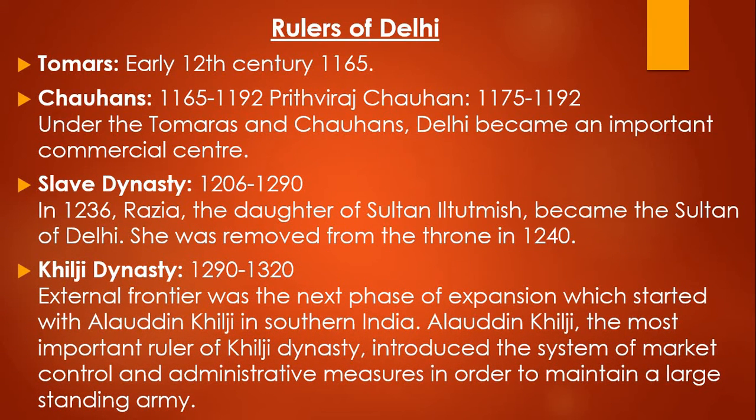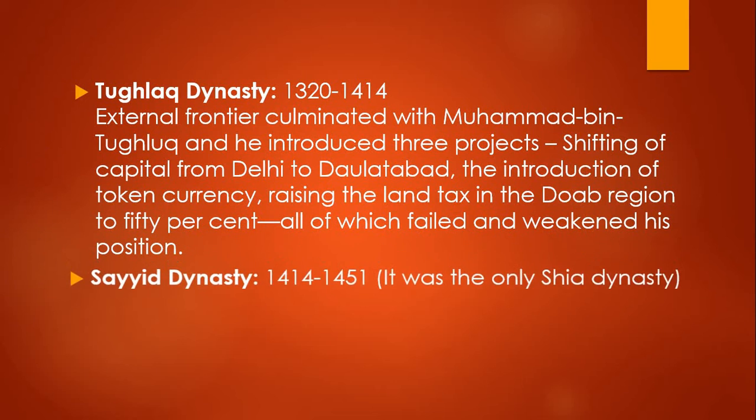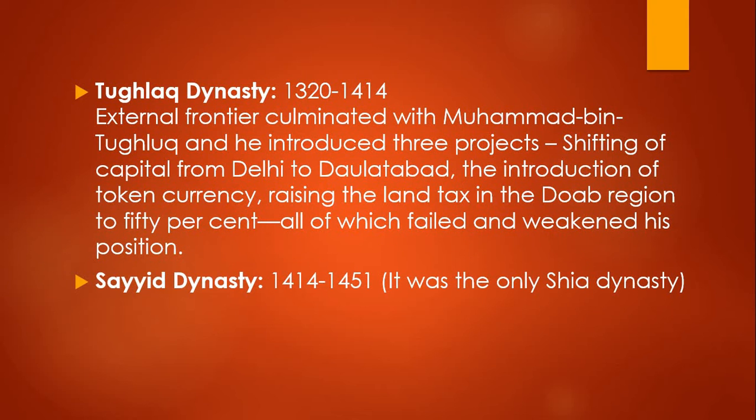Then comes the Khilji dynasty. One of the important rulers of Khilji dynasty was Alauddin Khilji. One of the famous rulers of Tughlaq dynasty was Muhammad bin Tughlaq. Then comes the Sayyid dynasty. At last comes the Lodi dynasty.